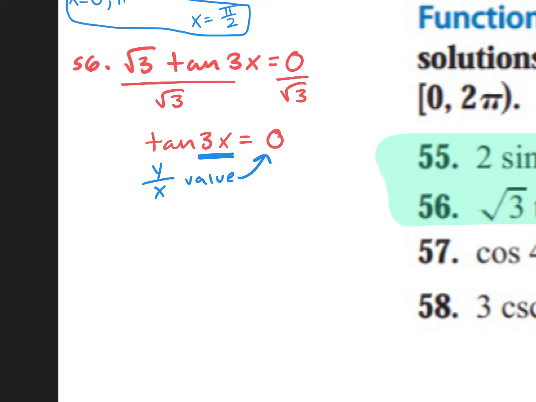So y would be 0 at 0. So I have 3x is equal to 0, and 3x is equal to pi. And I wrote 3x because I have this 3x here with the tangent. And what's the last step?